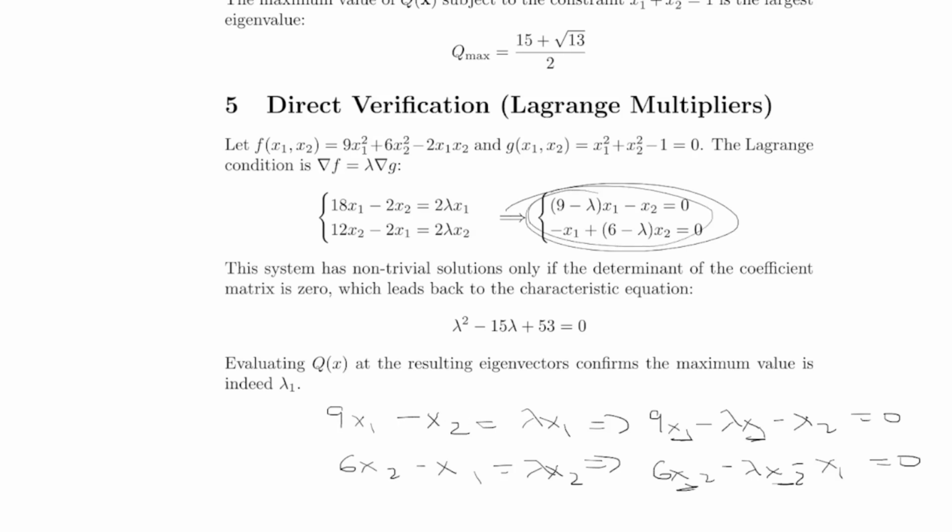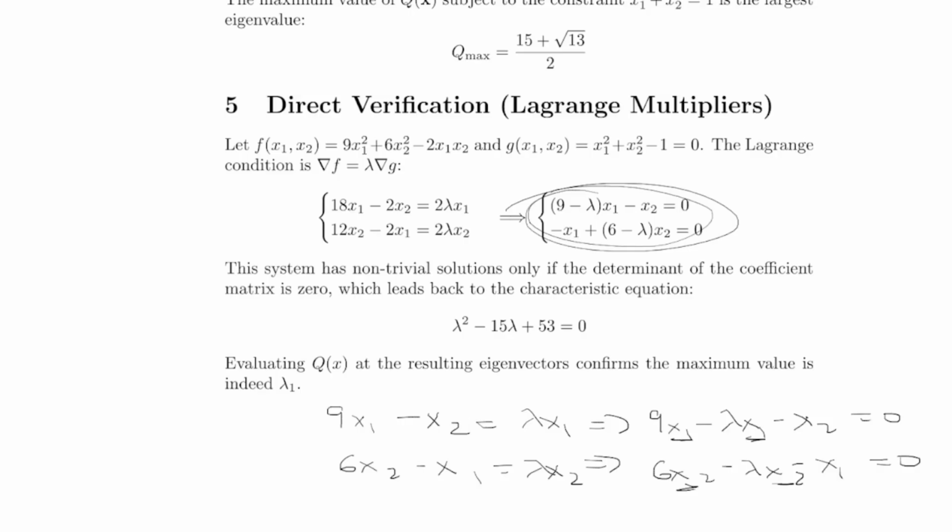Now this system has non-trivial solutions only if the determinant of the coefficient matrix is 0. That's the same kind of reasoning as what we did above. This is a system of equations, and the only way it's going to have a non-trivial solution is if the determinant is 0.